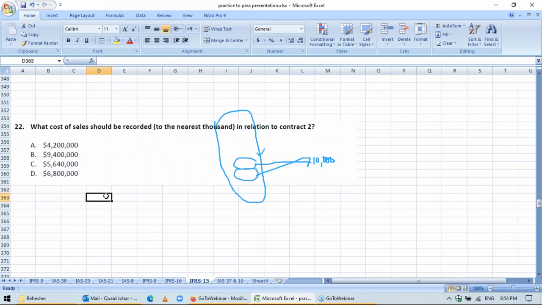So how will we account for this? Cost till date is 4,000, and estimated cost to complete is 6,000. So the total cost of the contract is 10,000, but the price is 8,000.